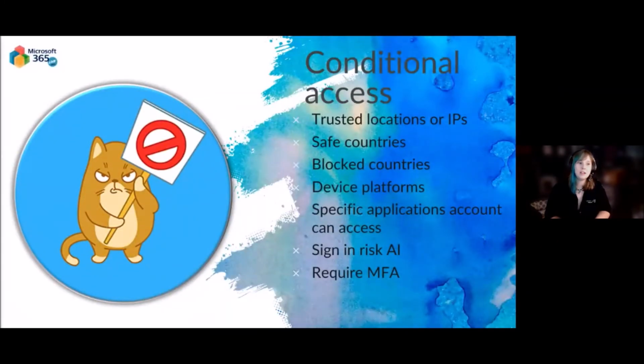The next one here is actually conditional access. Conditional access allows you to navigate based off of, say, trusted IP addresses where they're able to log in, safe countries, blocked countries, and even devices.